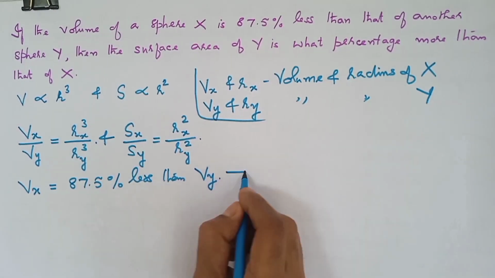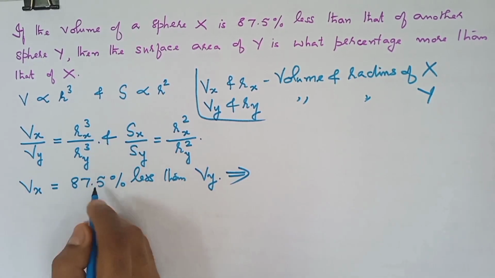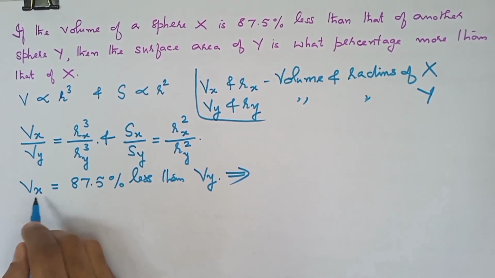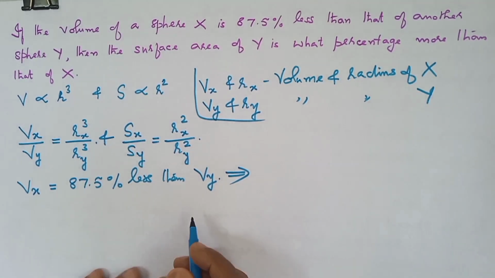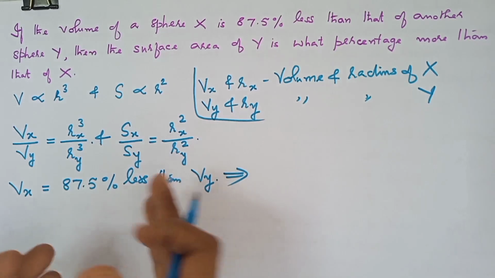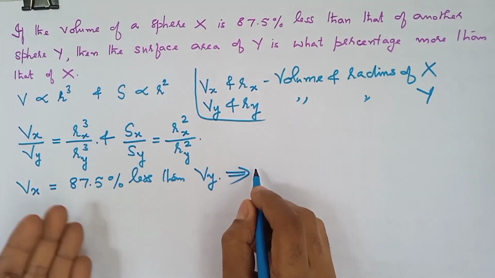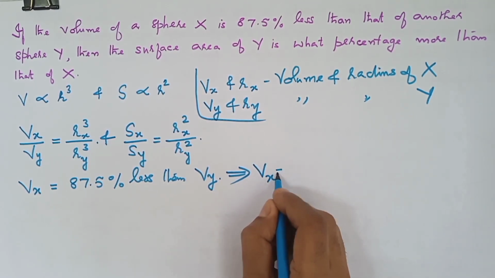And this implies what? This actually means if one number is a certain percent less than another number, then the first number is 100 minus so much percentage of the other number. These things we have already gone through in the basics, but still to make it clearer, I'll show you that again.